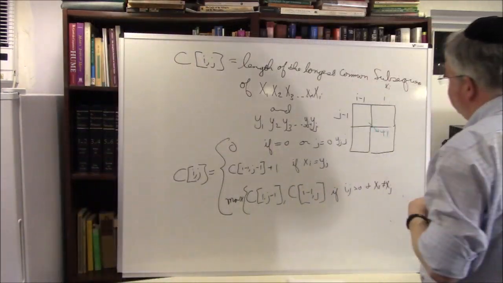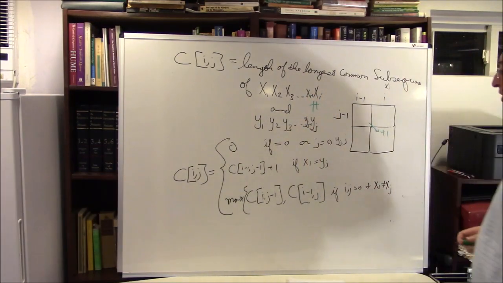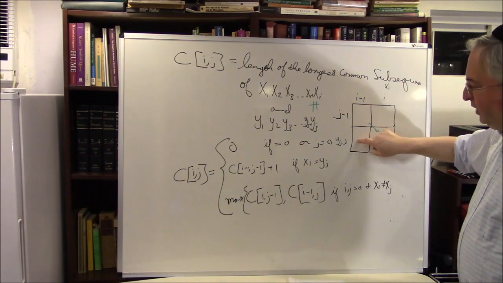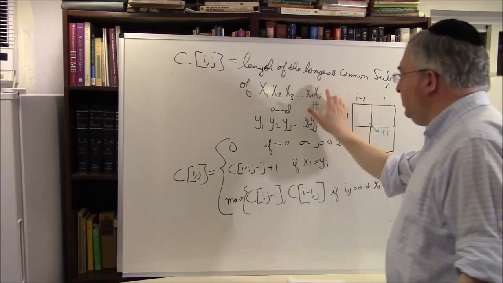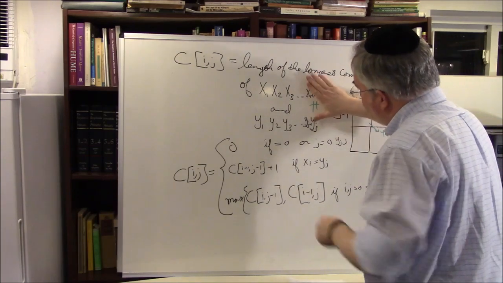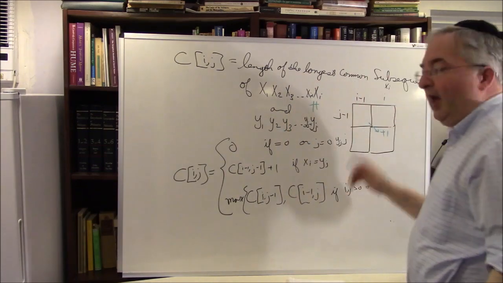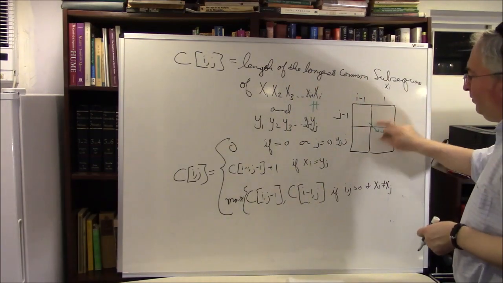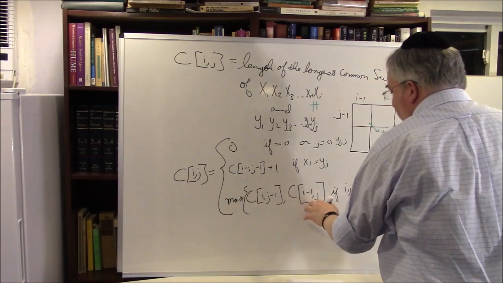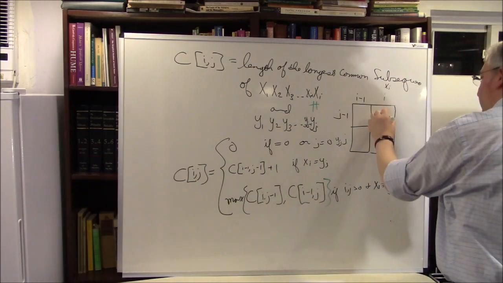The second property is, what if they're not the same? Then you either look here or here. You check whether this one or this one matches, and you take the larger number, the maximum of the two, whichever is larger, and put it over here.